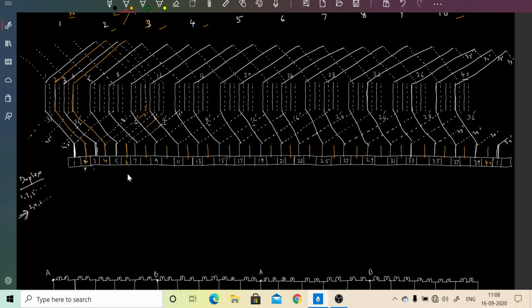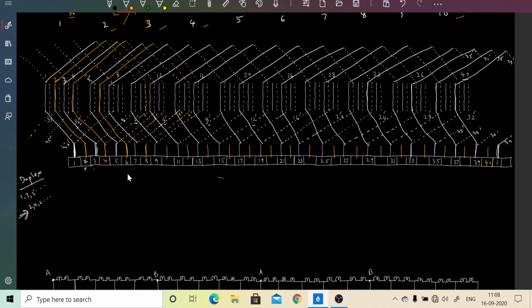Then coil 6 starts at 6 and goes on like this. This is connected to 6 dash, and this ends at 8. So coil 6 will be starting at 6 and ending at 8 like that.